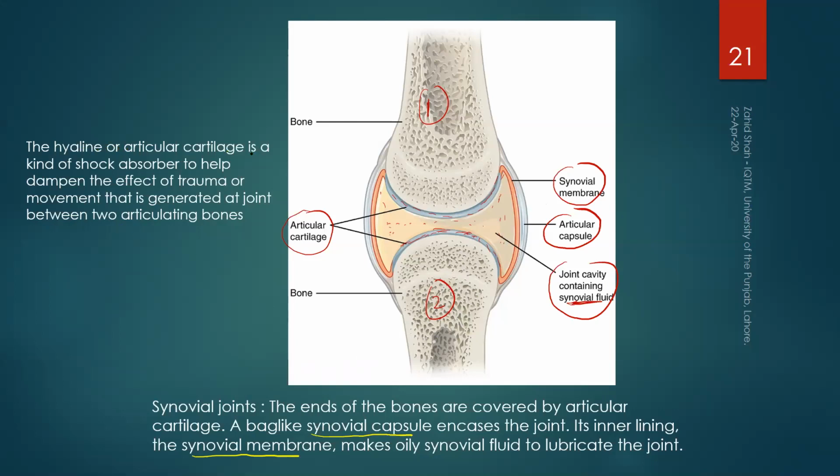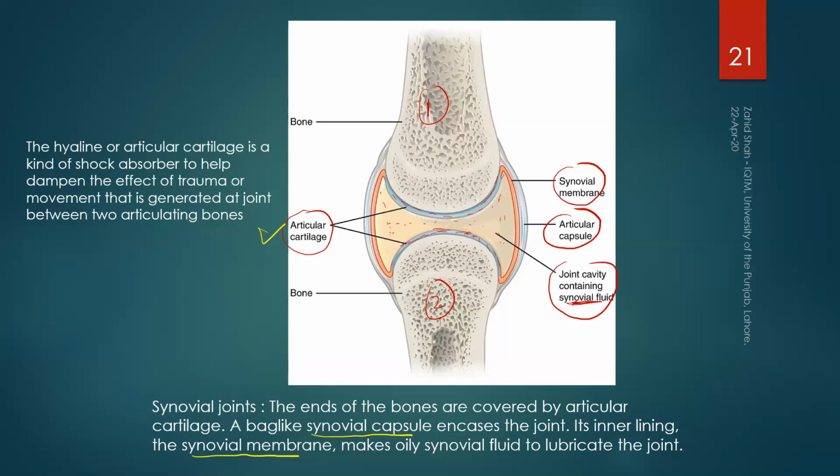The hyaline or articular cartilage is a kind of shock absorber. This cartilage helps dampen the effect of trauma or movement that is generated at the joint between two articulating bones. So that was the structure of this synovial joint, right? I hope it is clear.